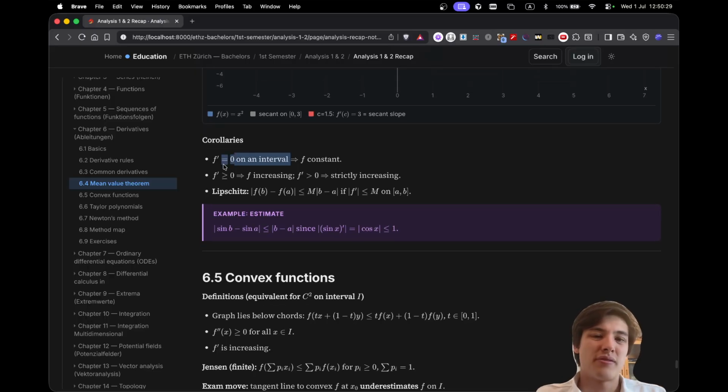If the derivative equals 0, it doesn't grow or fall, so it needs to be constant. If it's larger than 0, then f is increasing.